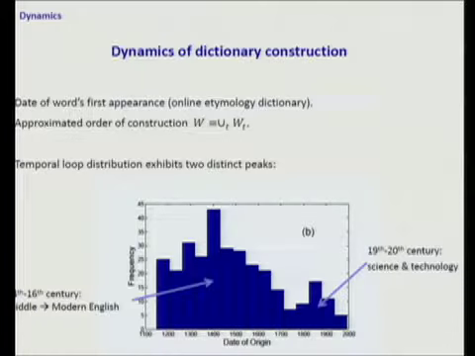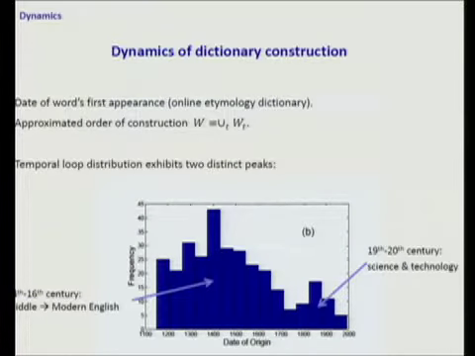You have some online etymology dictionaries, or you can look in Oxford for the oldest citation of the word, which is a rather good indication for when it appeared. And you can then try to see how many loops appear during a certain period of time.